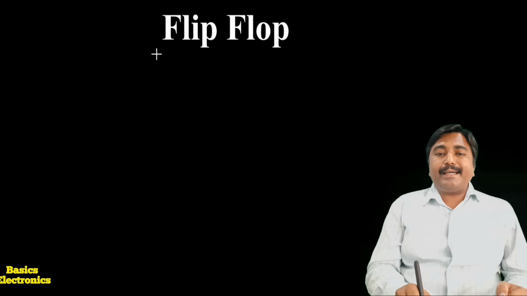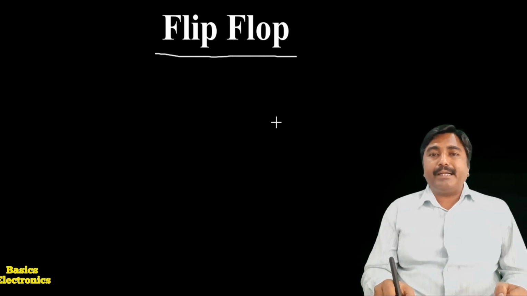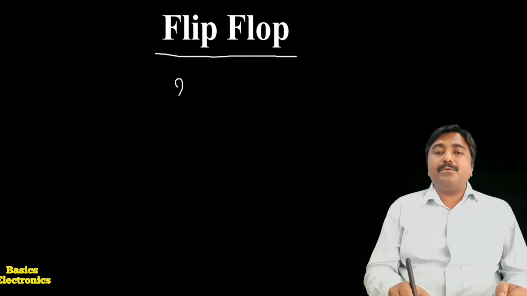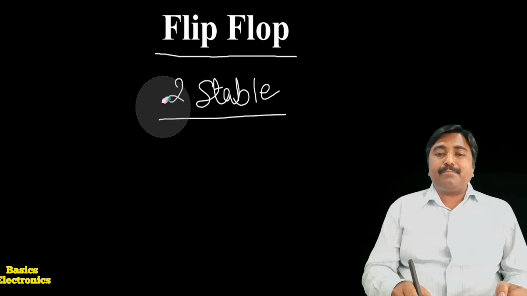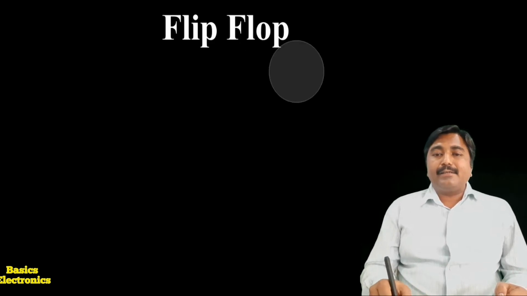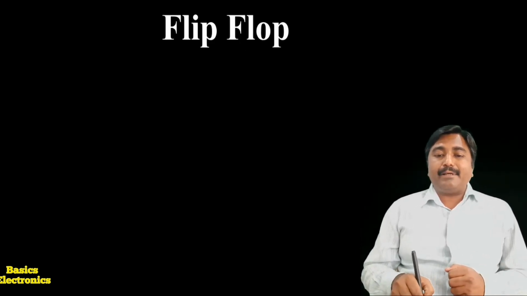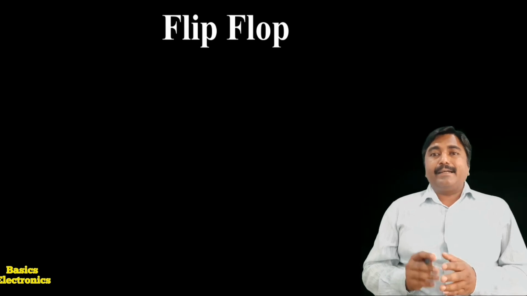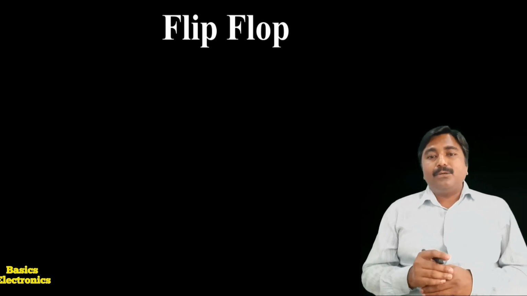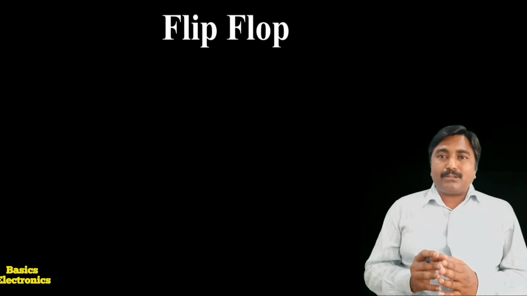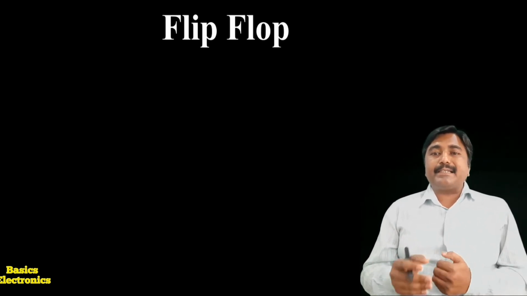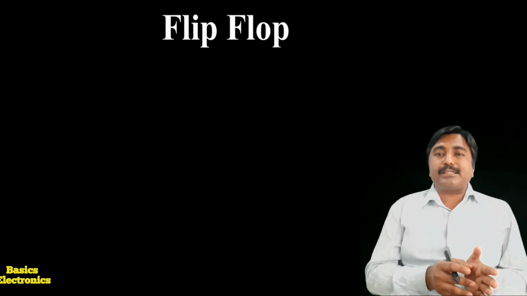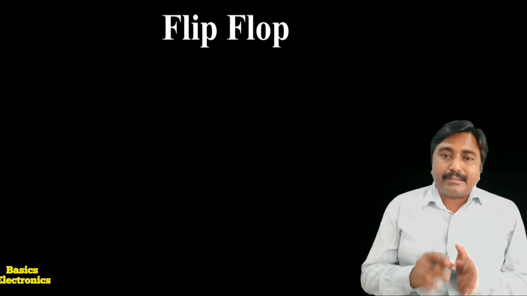The flip-flop is one type of multivibrator having two stable states. That multivibrator we call the bistable multivibrator. The bistable multivibrator has two stable states, either the high state or the low state. So the flip-flop also has a high state or a low state, and which state is high and which is low after application of the input, we have to see here.